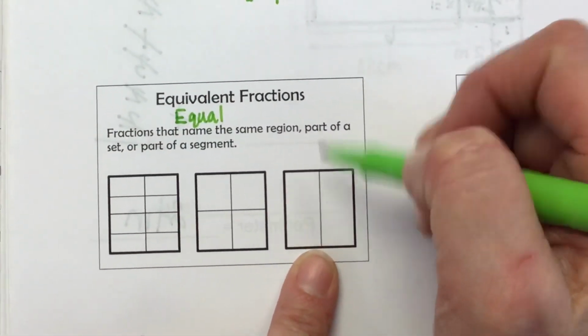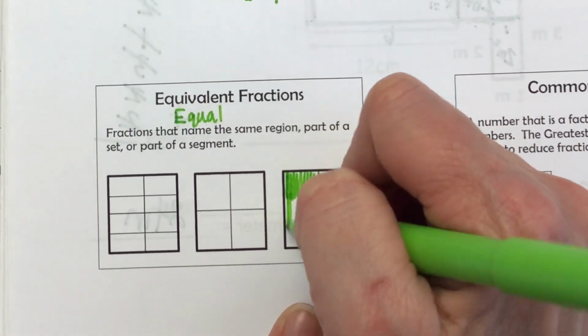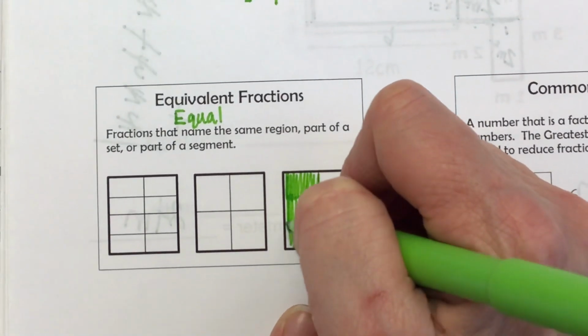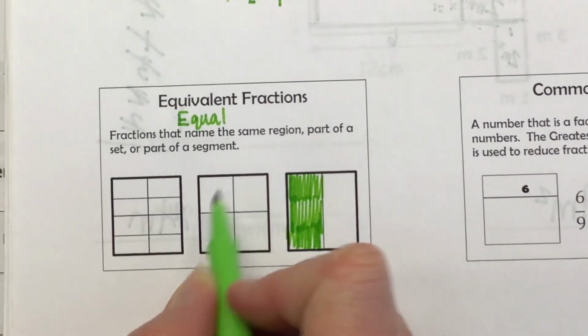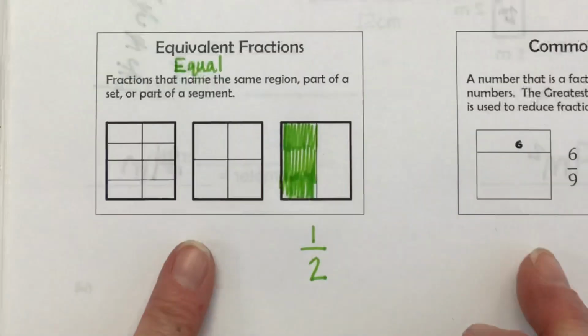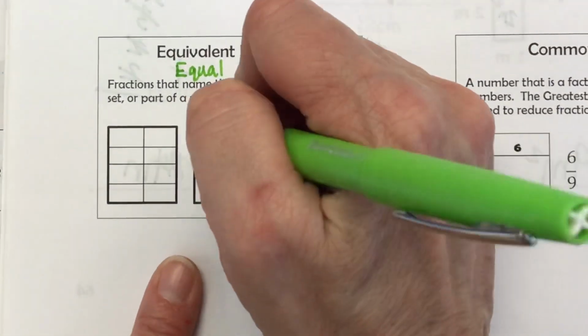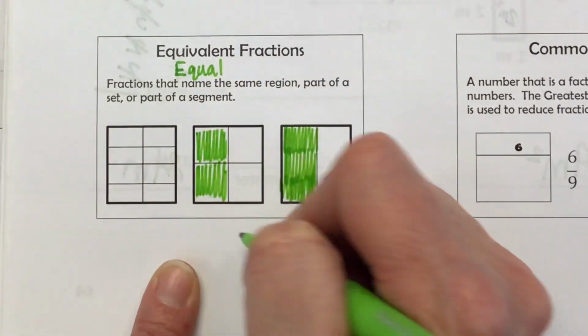Okay, so if I started over here and I just shaded in one of these, what fraction is that representing? 1/2. How many of the parts should I shade in here to equal 1/2? Cordelia? 2. So 2/4 is equal to 1/2.